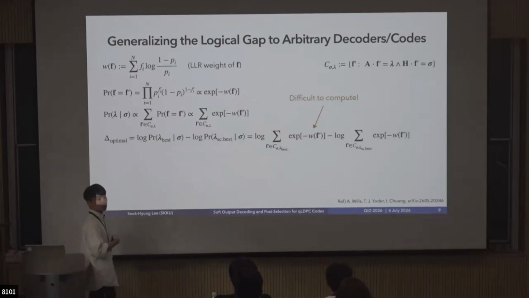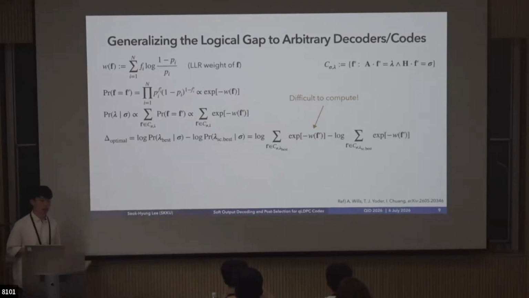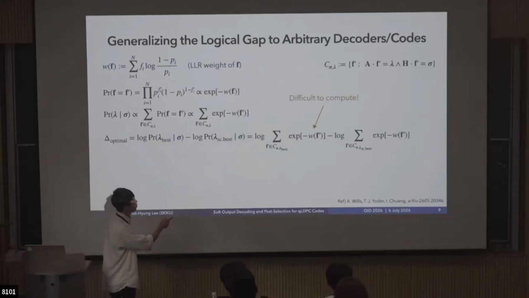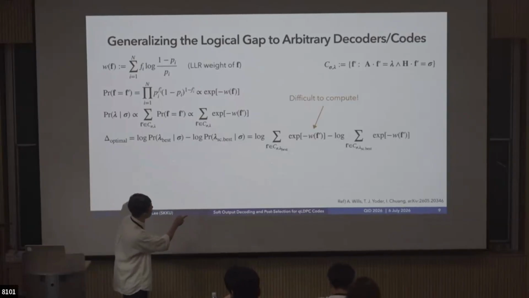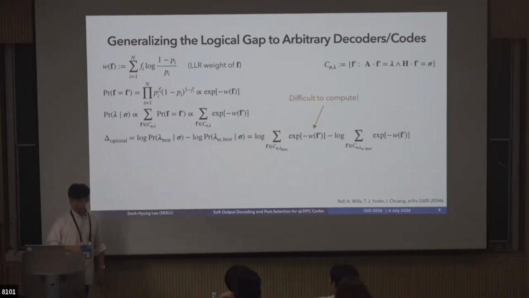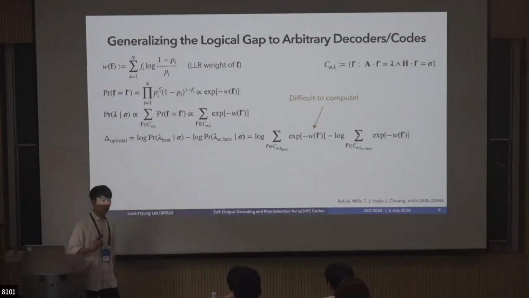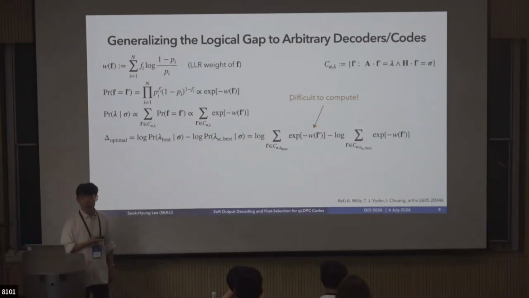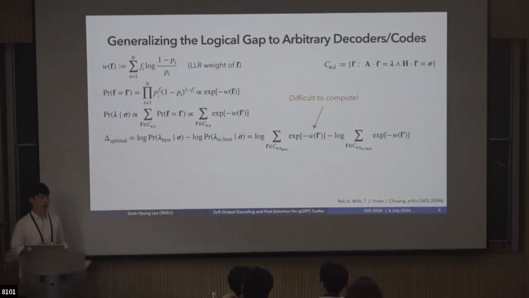We can substitute it into the definition of the ideal logical gap. The optimal logical gap is the difference between these two log functions, where the only difference is the logical class: this is lambda best, this is lambda second best. However, as we have already discussed, it will be very difficult to compute this ideal optimal logical gap.